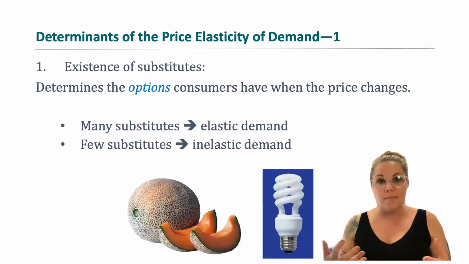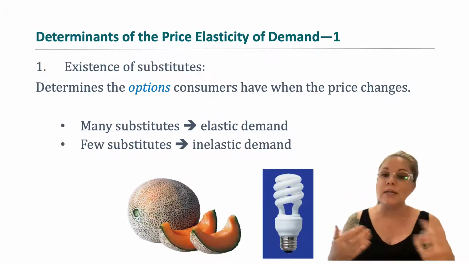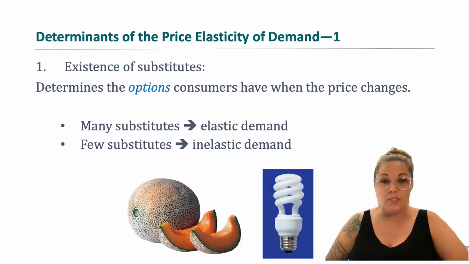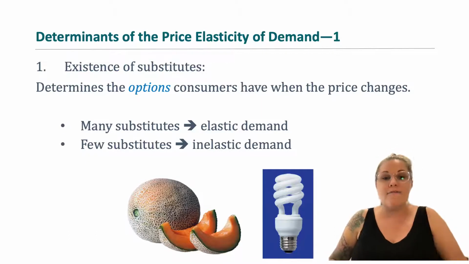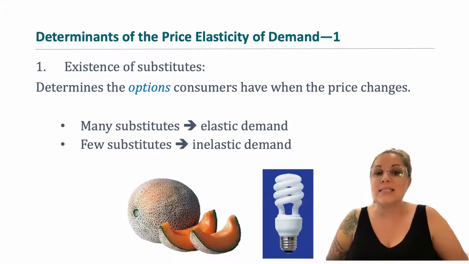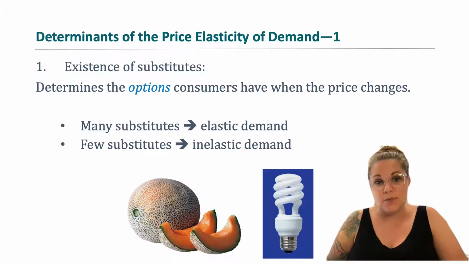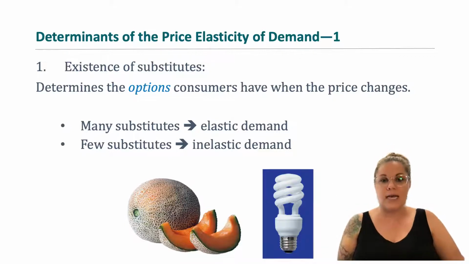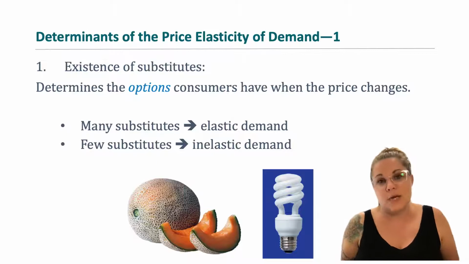So what makes something more elastic or less elastic? Well, luckily we have a few rules that we know tend to align with human behavior. We tend to have very elastic demand when a good has lots of substitutes. Because if something has lots of substitutes, it means that we have lots of other options to consider when the price of something changes. So for example, cantaloupe is something with lots of substitutes.